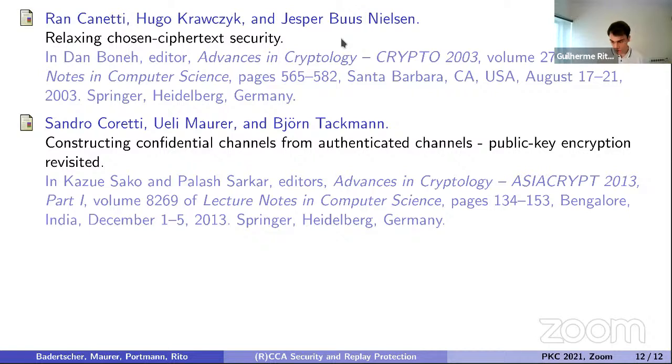If it is large, then they're fine. But if the message space size is small, then there might actually be mauling attacks that you can mount on them. So even though they are RCCA secure, and one could expect that they could be used, because for large message spaces they can, for small message spaces there might actually be attacks on the malleability.